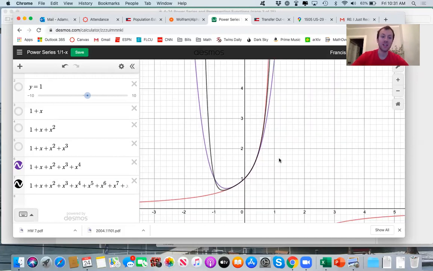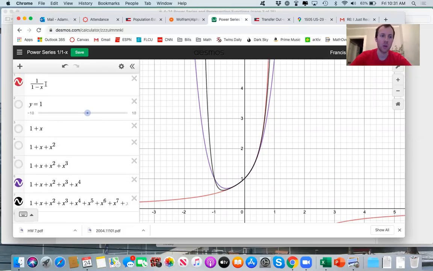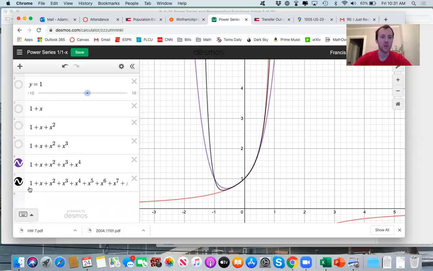So what we're seeing is that if you have a function with a power series representation, the partial sums of the series are polynomials. And those polynomials, in a sense, converge to the function that you started with.